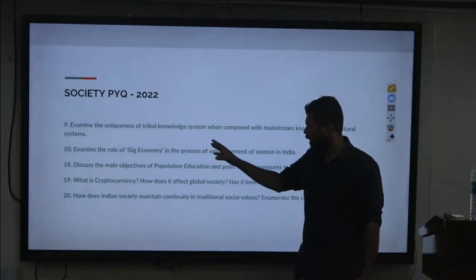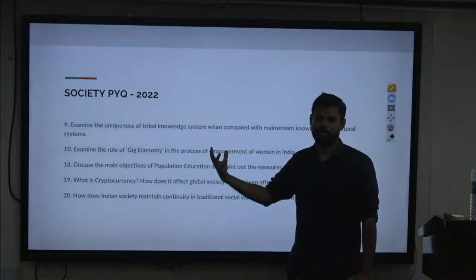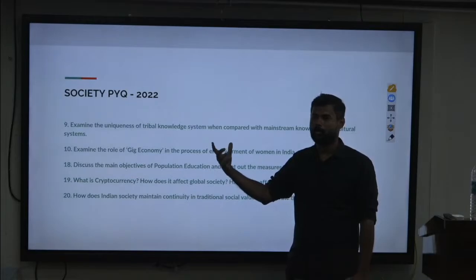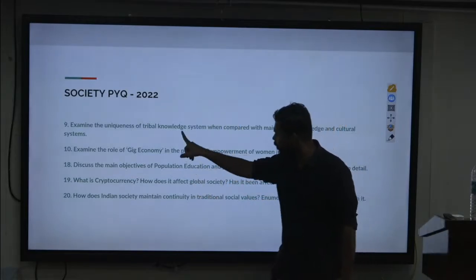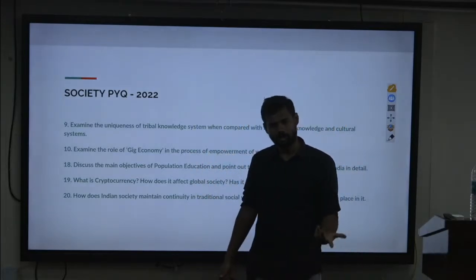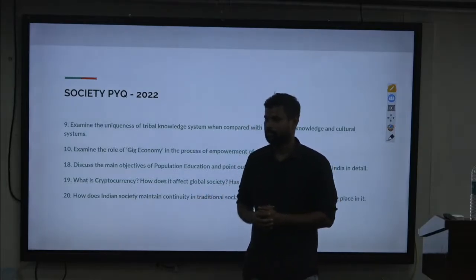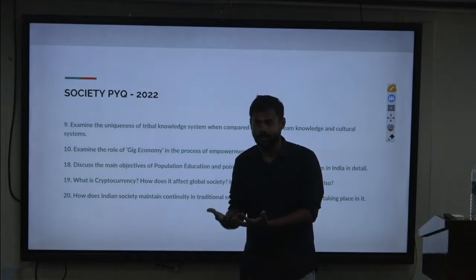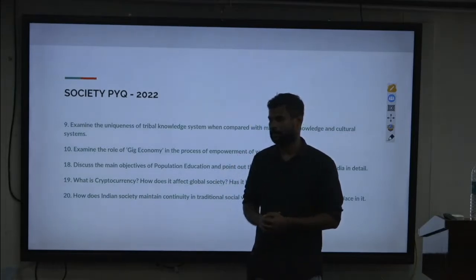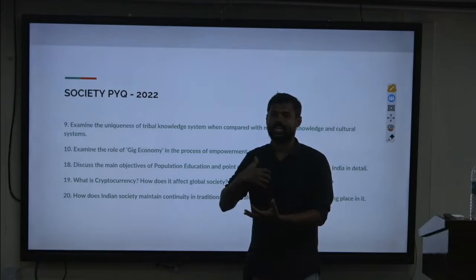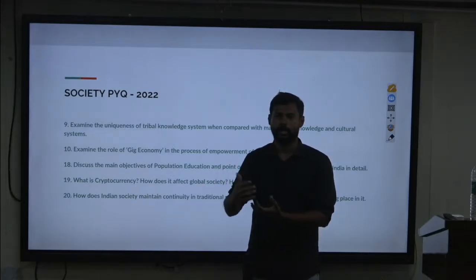Now if they are asking the uniqueness of tribal knowledge system, you just have to talk about their characteristics in the name of knowledge. That's all. How they are more close to the environment. How their knowledge talks about conservation rather than development. You are getting it? How their knowledge is transferred orally and not through records.